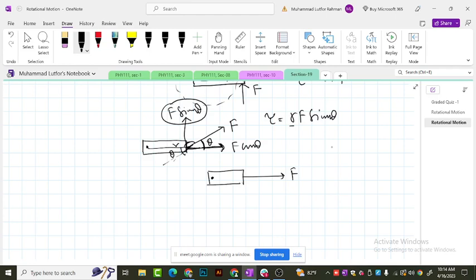If you plug in this angle as 0, sine 0 is 0, then I can say the torque is 0 over here. So that's why the system is not going to rotate over here. Even if I apply the force over here, will the system rotate? It is also not going to rotate. In that case, your r is 0, right? So we can say the torque will also be 0 over here.